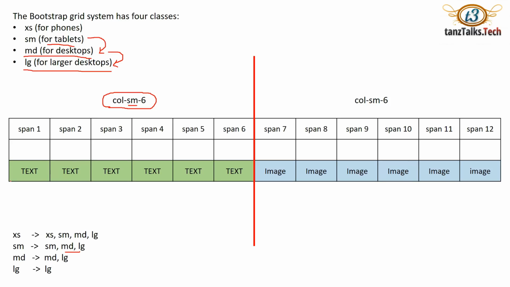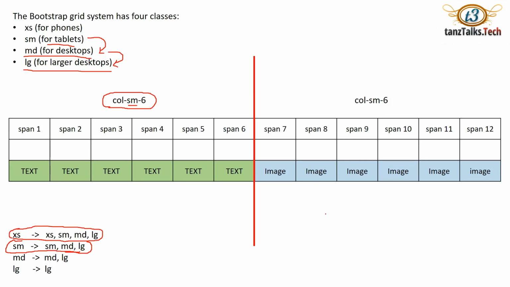So that means if we write col-xs-6, then that layout will be the same for XS, SM, MD as well as LG. Since we are using SM, this layout will be the same for SM, MD as well as LG. So we do not have to define separate layout for these large displays.